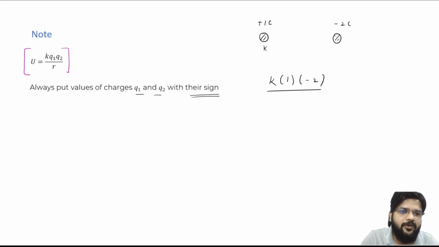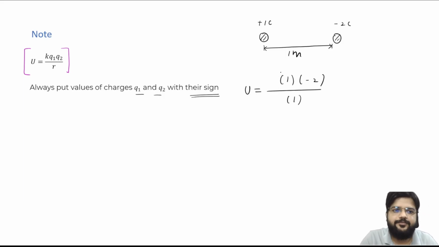Whatever separation we have between these two charges, we will write here. If it is 1, I will write 1, and then we will simplify and get the potential energy between these two charges. Correct, everyone? So I hope it is clear how this formula will work. So note down.